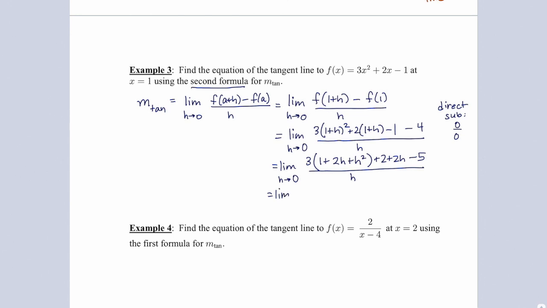And we'll keep going. Simplifying this numerator, I can see I have 3 plus 2 minus 5. So those are going to cancel out. I have 6h, and I have plus 3h squared.